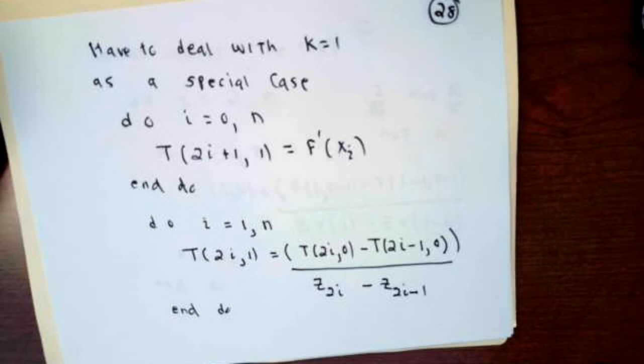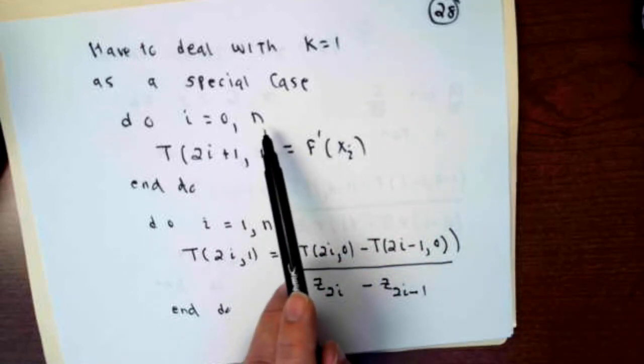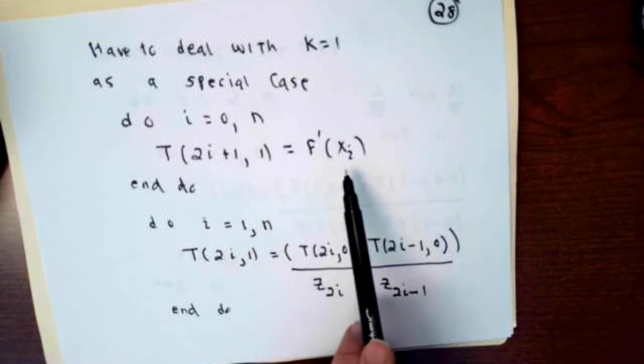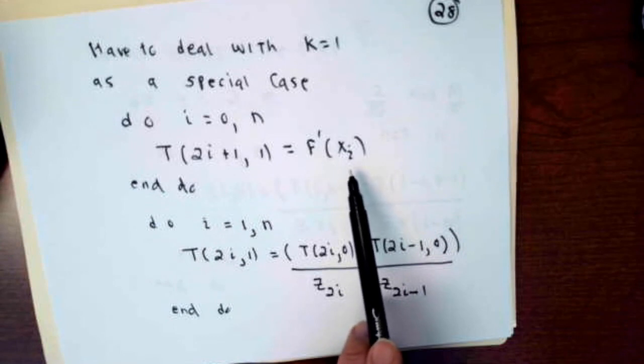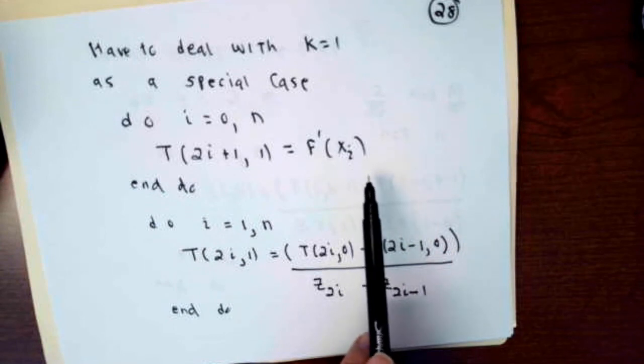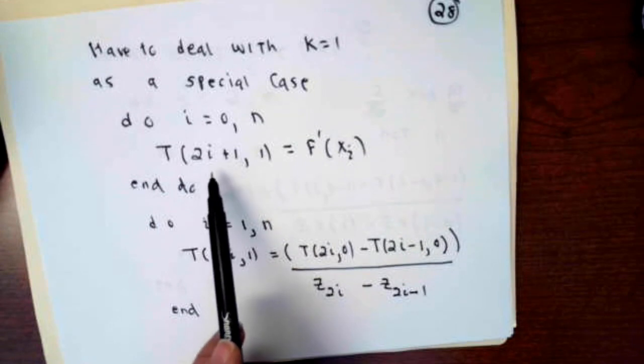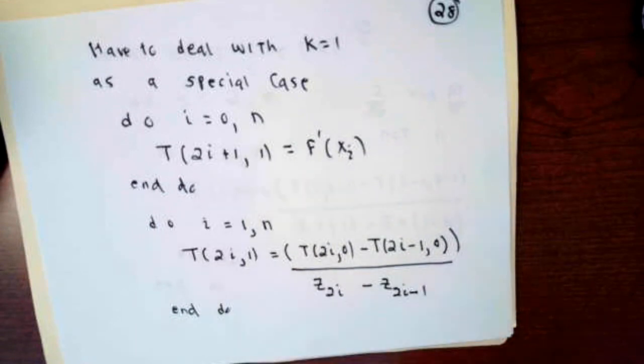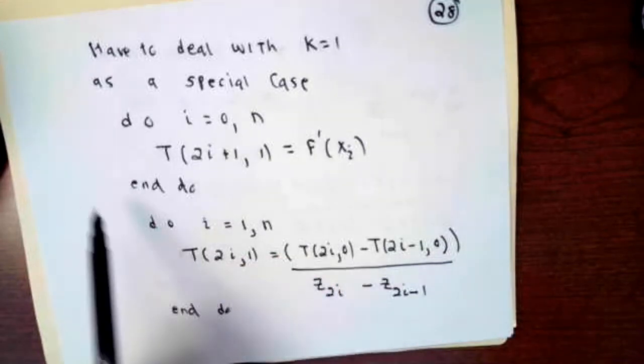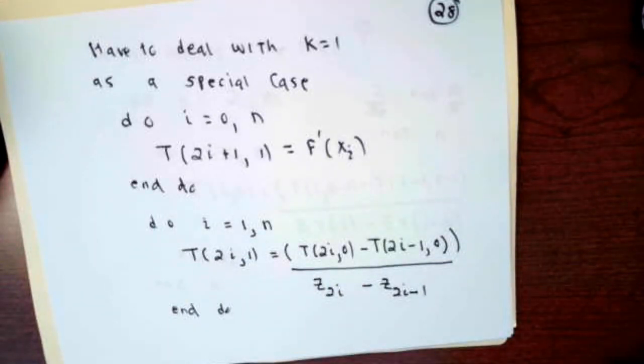At the very end, when i is equal to n, the value of the derivative that goes with x number i is going to get stored into row number 2 times n plus 1, which, if you'll remember, is the largest index in the t table. So this is going to put the derivative values into the appropriate slots in column k equals 1.